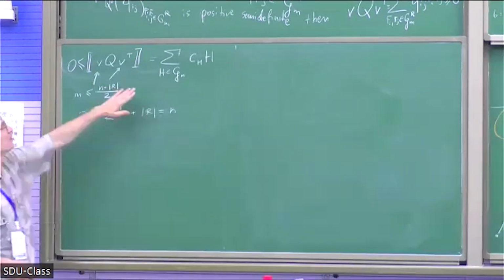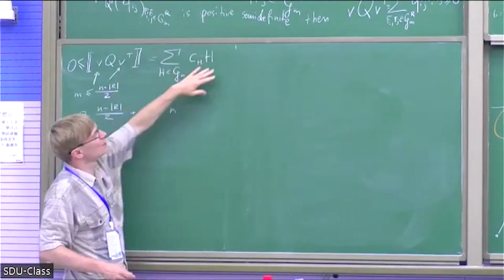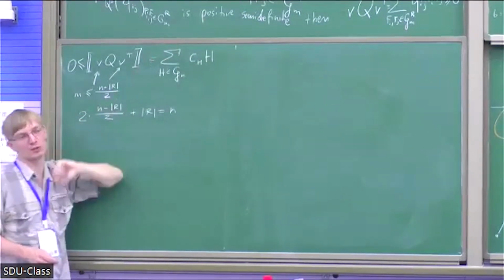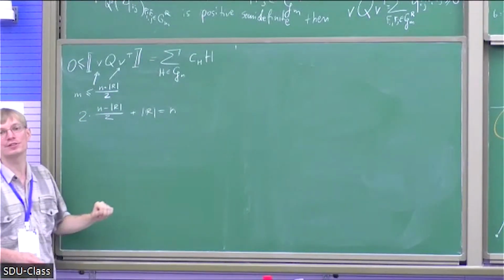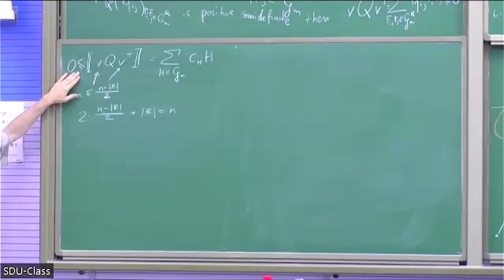And so we have the inequality that some linear combination of graph densities on n vertices is at least 0.